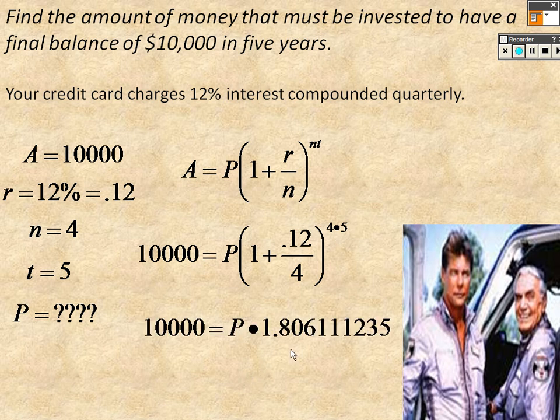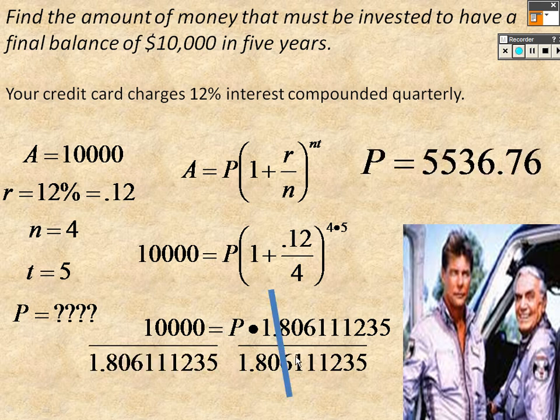I get another big long decimal of 1.806111234. So I divide both sides by the huge decimal, and I get about $5,536.76 is what I'd have to put in to get 10,000. And once again, if I'm going really quick on these examples, please pause them, try them out, see what you get, and then unpause it and see if you got what I got. It's the best way to go through these.